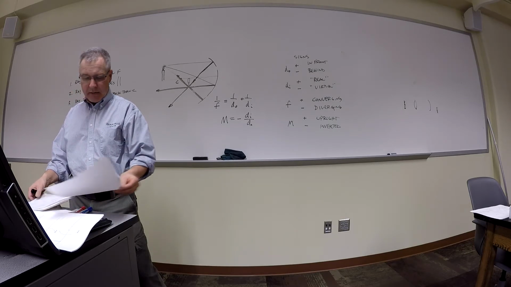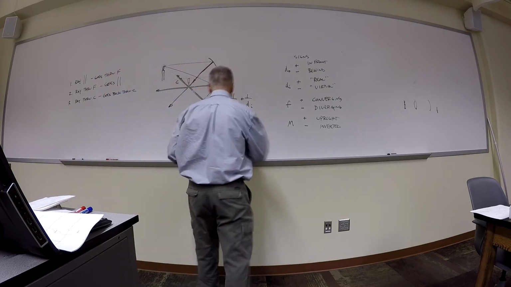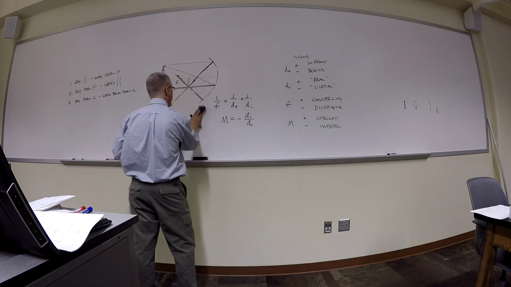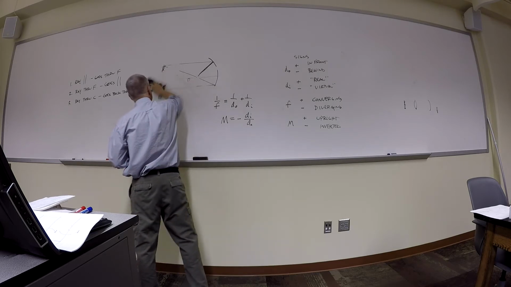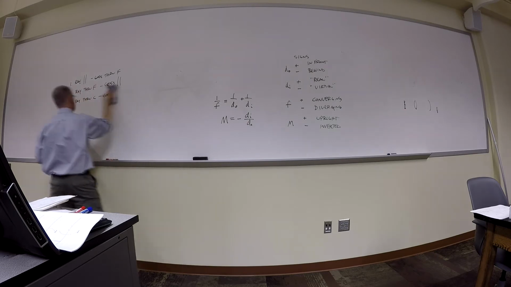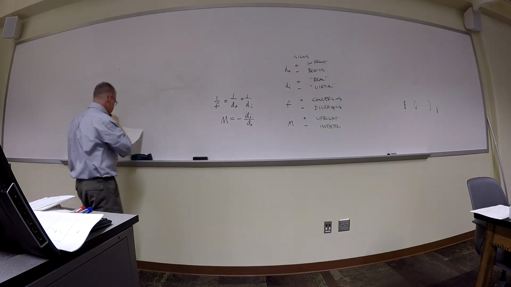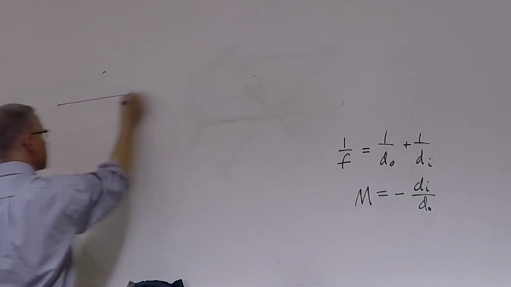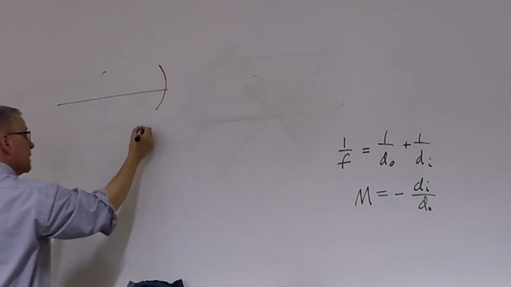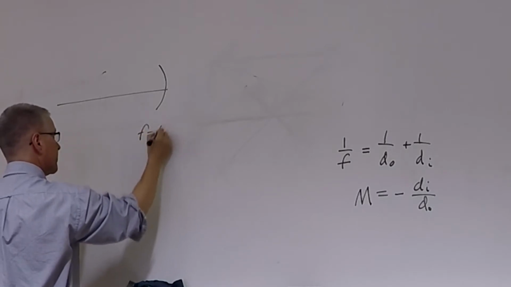Let's try this one and see if it's consistent with what you found with your ray diagram. So let's say we've got this case. I've got a converging mirror with a focal length of 10 centimeters.